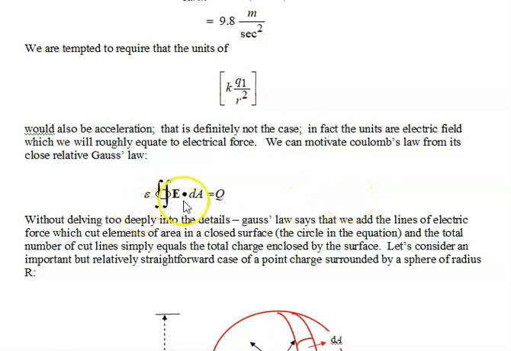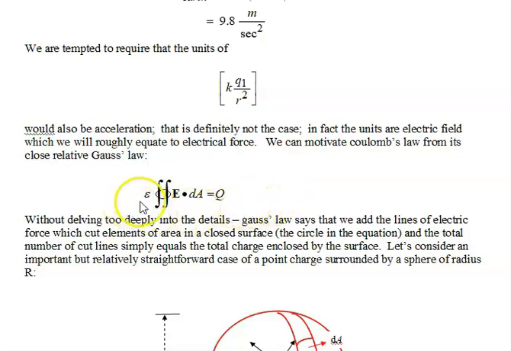What it does is it relates the electric field to charge. And that makes sense. Whenever there's a charge, that charge produces an electric force. Whenever there is a mass, the mass produces a gravitational force. That is completely analogous.